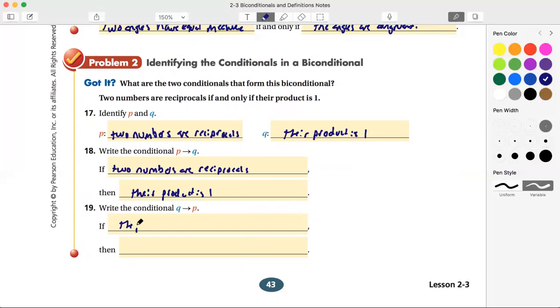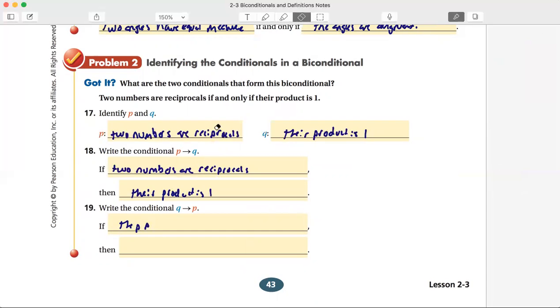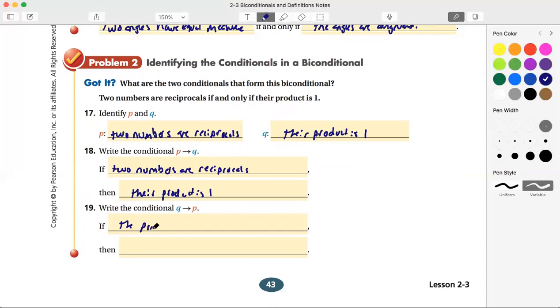If the product, oh, let me erase this. I have a little typo going on here. So, if the product of two numbers is 1, then they are reciprocals.